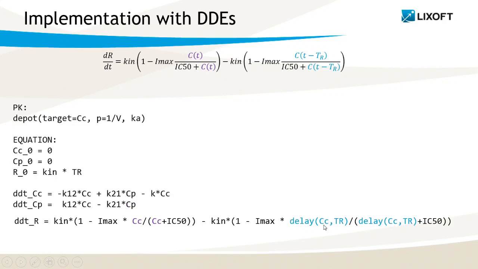In this example, I will assume a two-compartment model with first-order absorption, for instance. The ODE variable Cc represents the concentration. The dose is added using the depot macro, where I use the argument p equals 1 over the volume to transform the dose into a concentration added on the variable Cc.